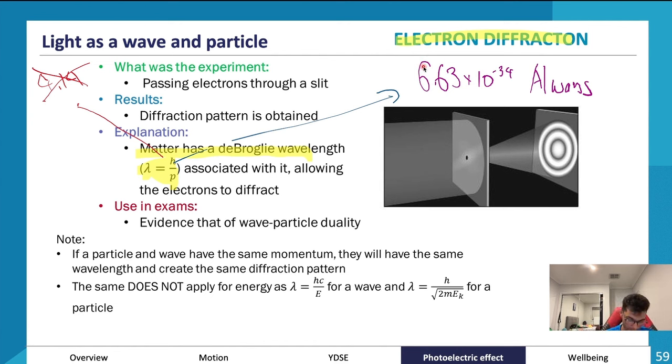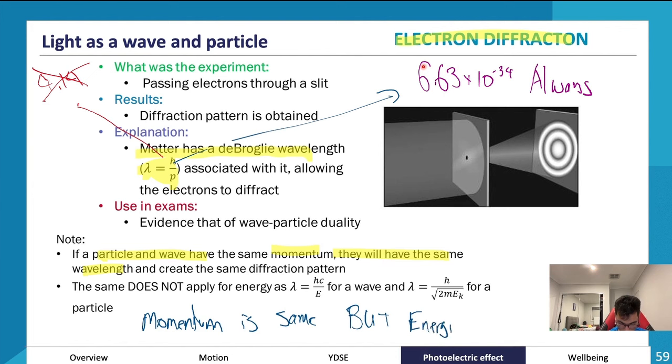The next thing that is important is if light and a particle have the same wavelength, it means their momentums are the same, but it does not mean the energies are the same.